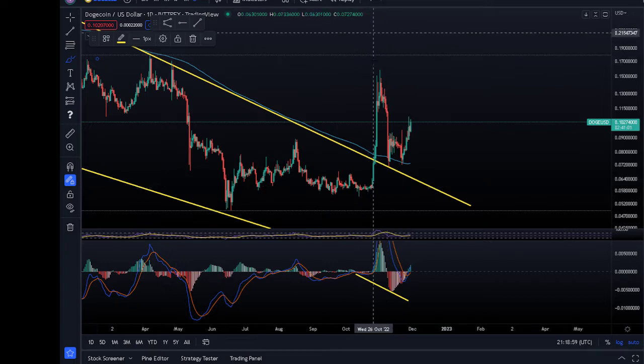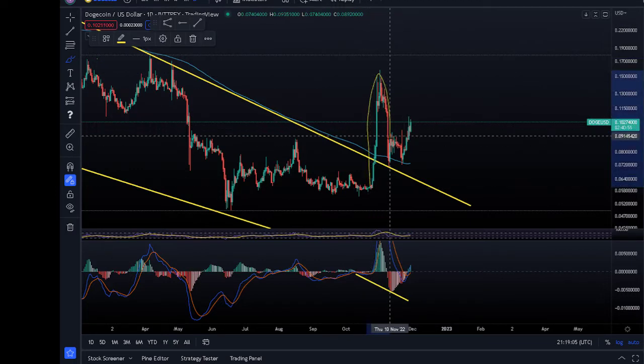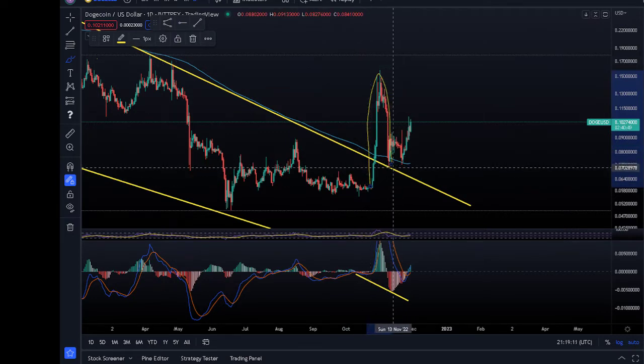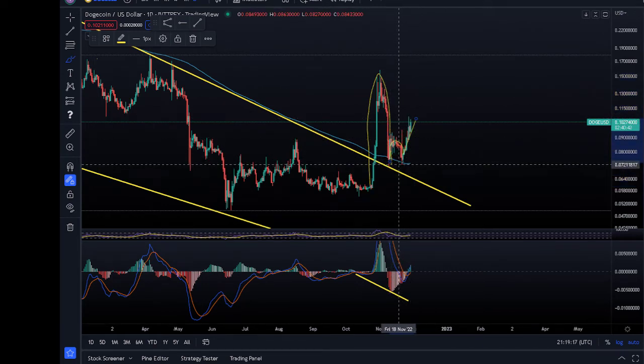I don't want to enter it after it's made this huge run. What I want to do is, once I've seen this huge run up, I want to see a back test. So we have a springboard up, back test of the spring as support, and then followed through price action. Here we tried to almost test it twice, but the 200 moving average was also kind of coinciding with that line.